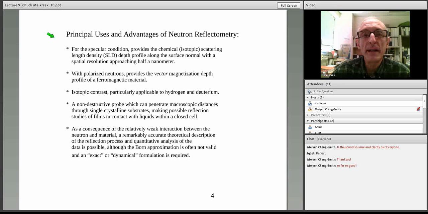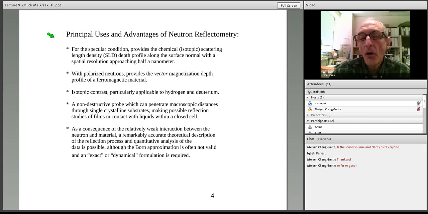We will be concentrating on systems in thin film or layered film form that have a planar morphology. In this special geometry, the wave vector transfer, the momentum transfer, being normal means that we are sensitive to the variation in scattering length density normal to the surface. So we get kind of a depth profile, like an archaeological dig through layered strata.